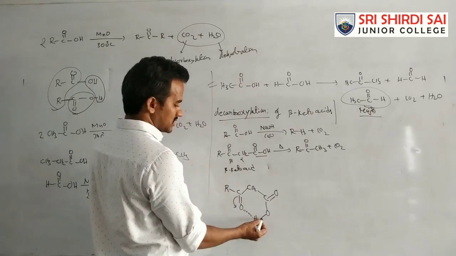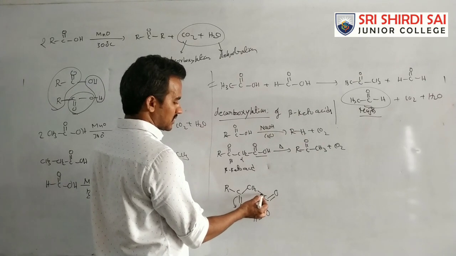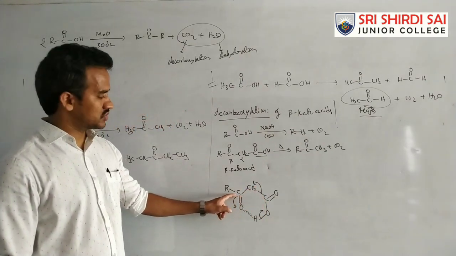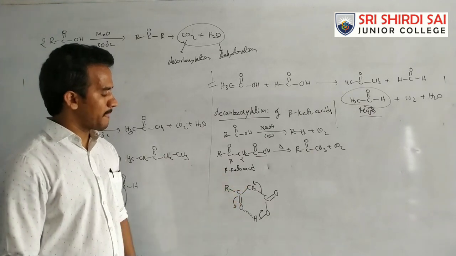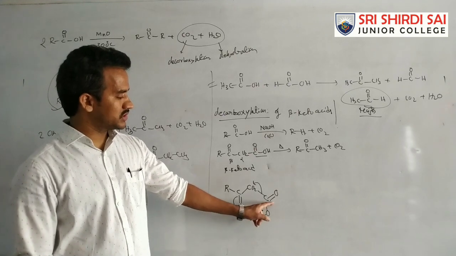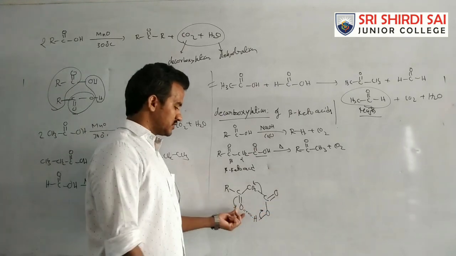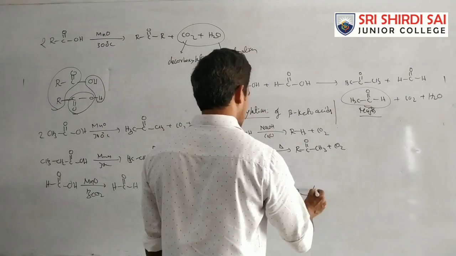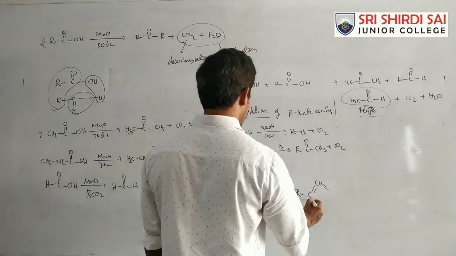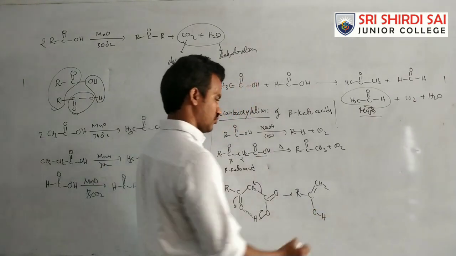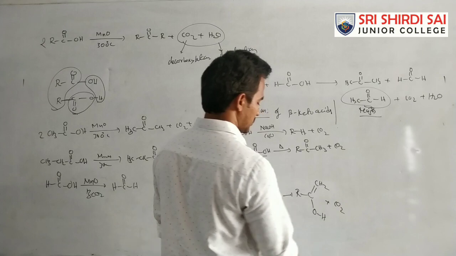Next, these electrons transfer to this oxygen, and these electrons transfer to this carbon. This carbon carries a negative, this carbon carries a positive, forming a pi bond. Next, with the removal of CO2, this one is converted into OH. So here RC(OH)=CH2, plus CO2, loss of CO2.